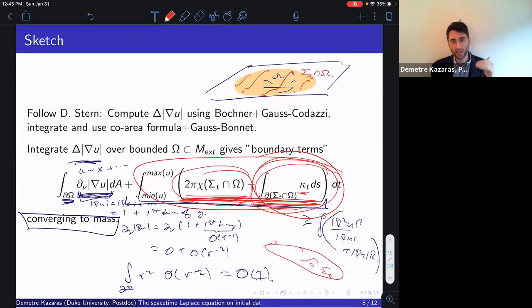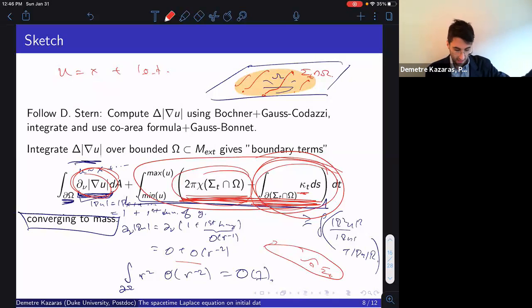So you can say that for the level sets of an asymptotically linear harmonic function, remember the asymptotics were important here. The fact that u was x plus something else was important, because it was important to see that the thing that you're integrating in the boundary term could actually converge to something non-zero.